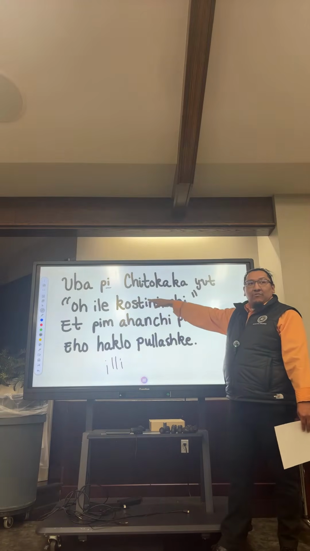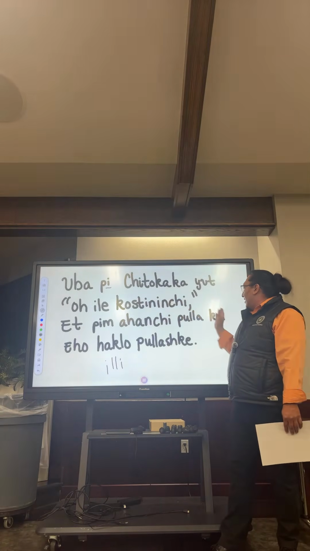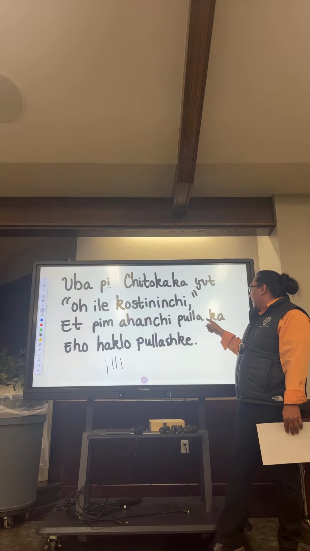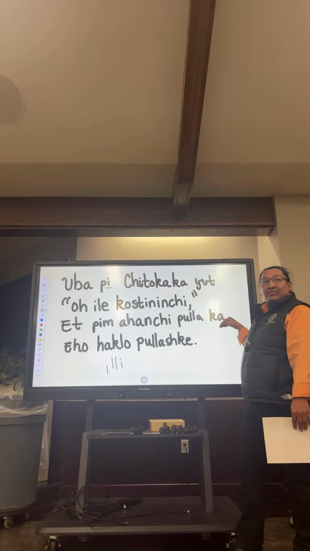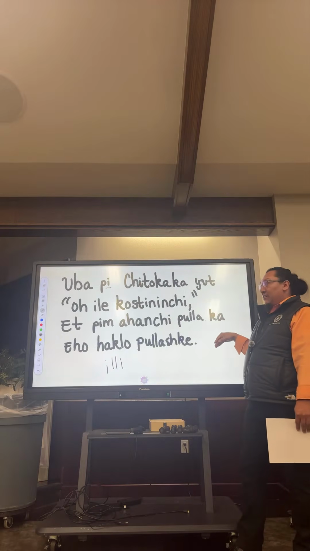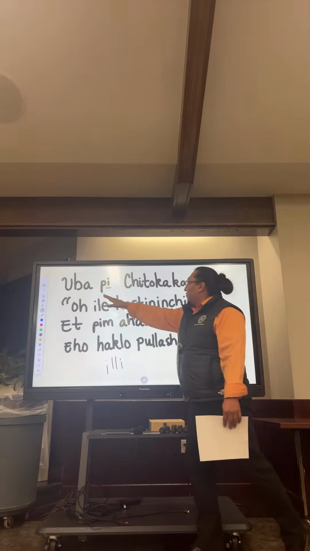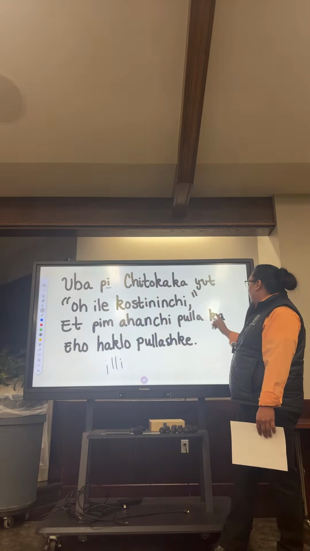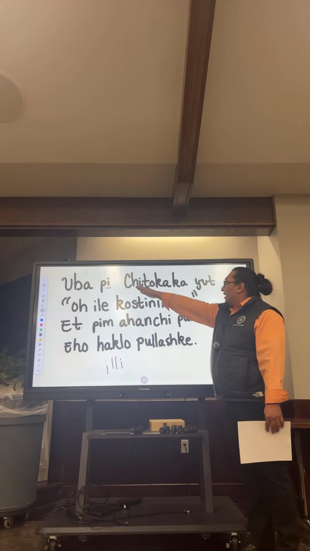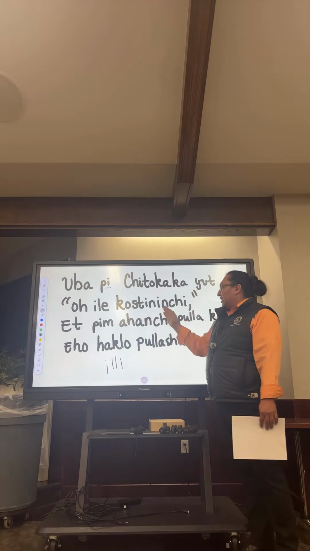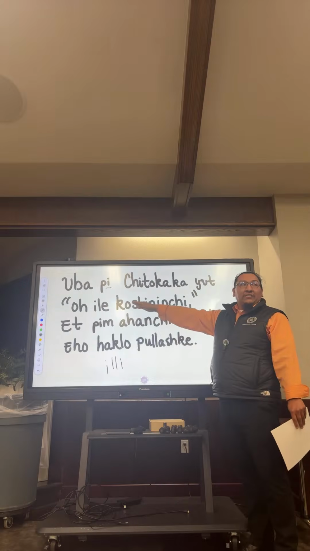Everyone must repent. And this ka symbolizes that this is a sentence by itself, and then we're adding another sentence onto that. So this is all one sentence right here, these three lines, except for this ka here. So our heavenly Lord keeps on saying to us, everyone shall repent.